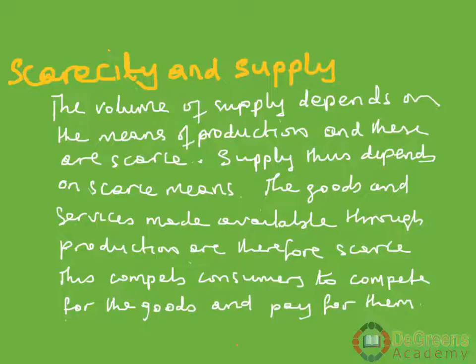They are scarce. So since supply depends on these scarce means, the goods and services that result from that will automatically also be scarce. They will also be scarce because they depend on production, and production depends on the scarce means. And what does scarcity do?